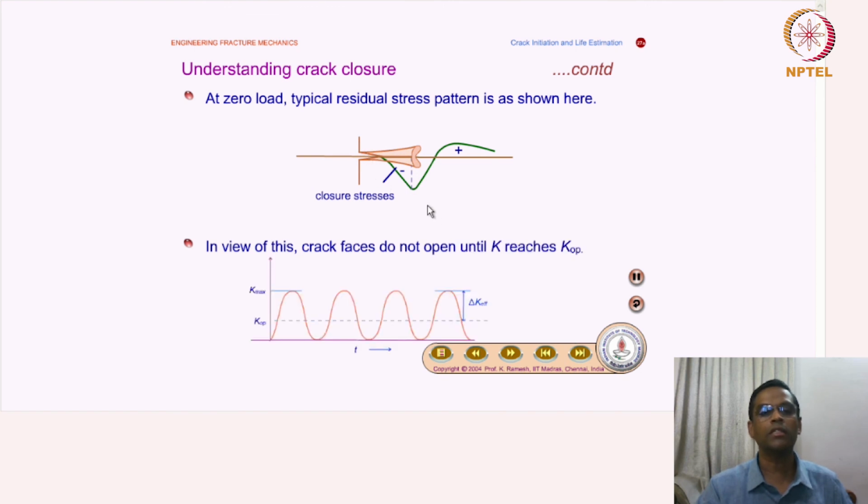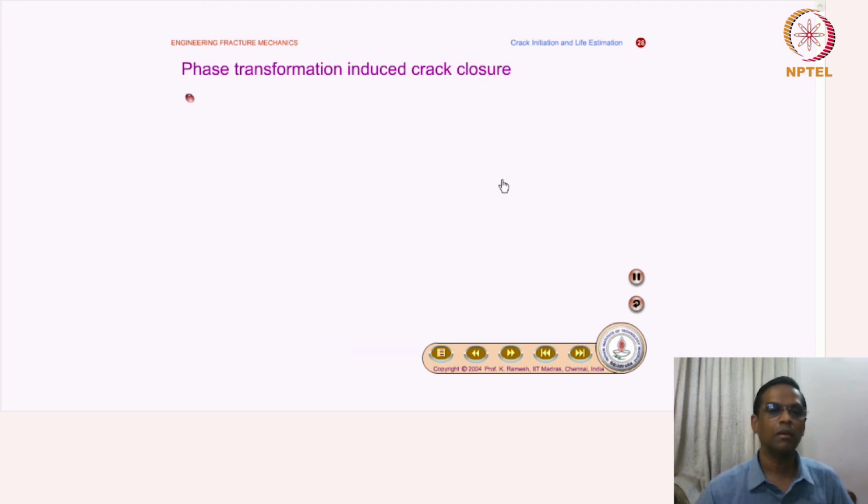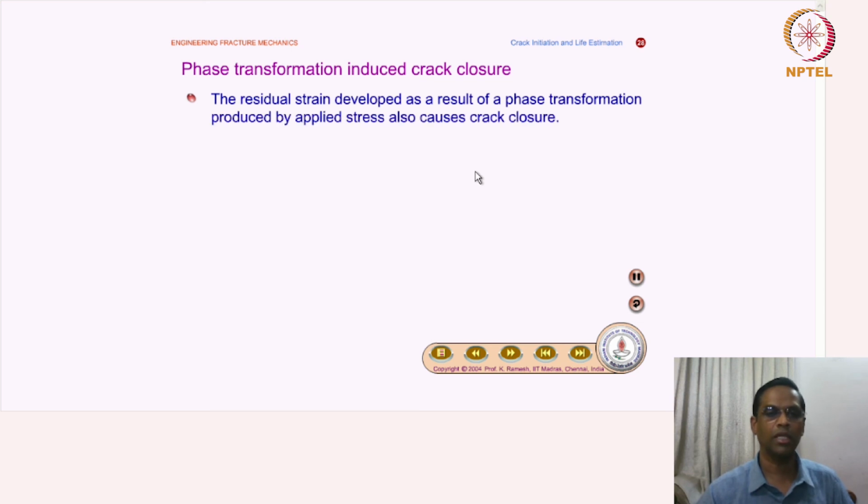Again you can see that the residual pattern is completely compressive here, and this is tension. In view of this, crack faces do not open until K reaches K open. Because of this residual stress development, it does not open until it reaches the stress K open. It is quite interesting to note that plastic deformation helps in closing the crack.